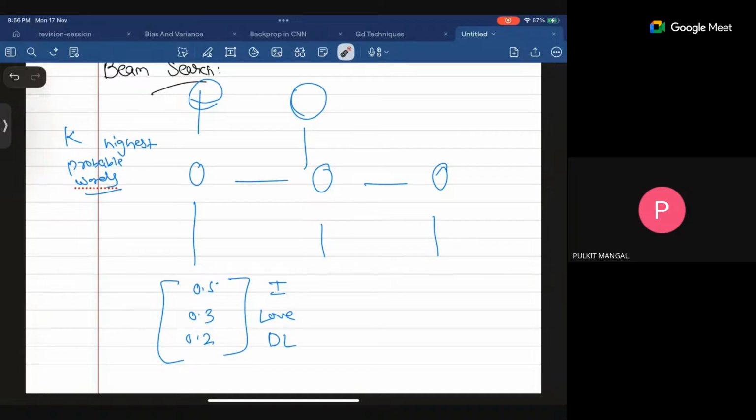So in simpler words, instead of using just one highest probability word, we make use of k highest probable words and try to generate sequences based on all of these k. Instead of trying just one combination, we try k combinations, see how things go in the future, and whichever gives the best result, we use as our output.